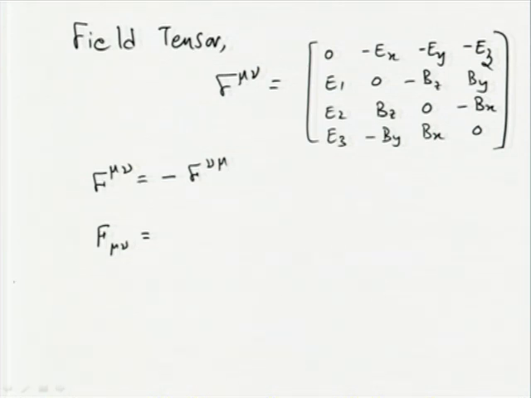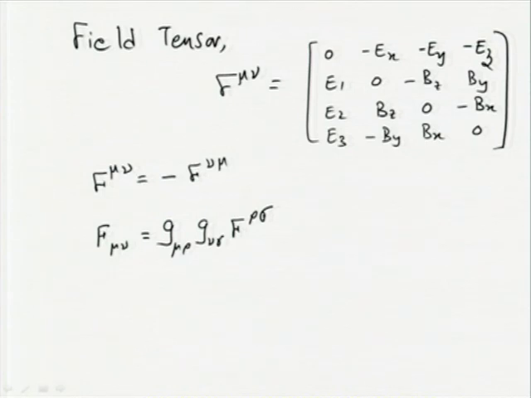So, we have to lower two of these indices. If we want to write it in terms of the contravariant tensor F rho sigma, it will connect with the covariant F mu nu in this fashion: G mu rho G nu sigma.